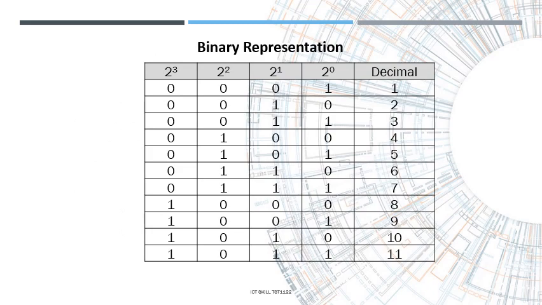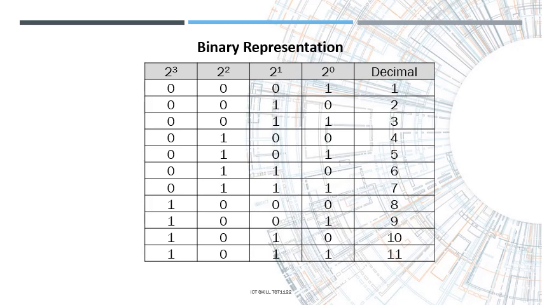Here is the table to represent the decimal, 1 until 11. So if you look here, this is the binary for 2 raised to power 0, raised to power 1, raised to power 2, and raised to power 3.